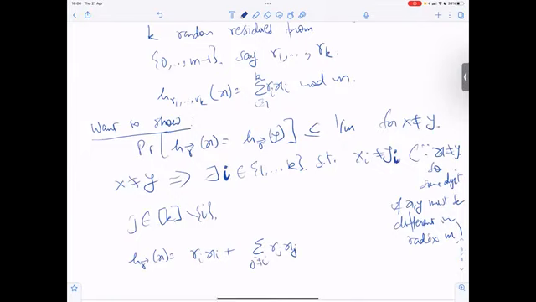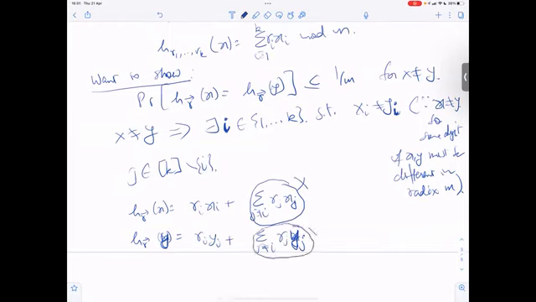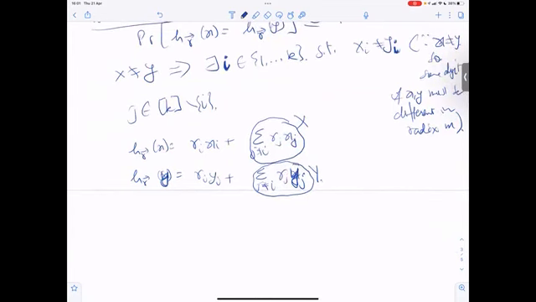Similarly, HR of y is equal to Ri yi plus the summation over j not equal to i of Rj yj. Let's call these sums capital X and capital Y. If these two quantities are equal, then Ri xi plus X is equal to Ri yi plus Y. Correct?